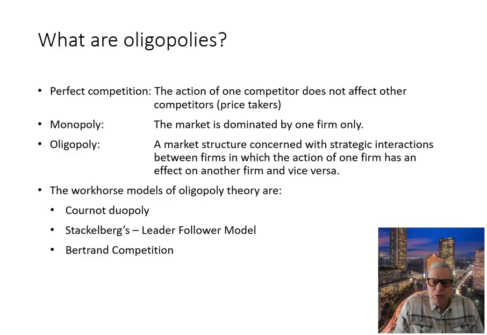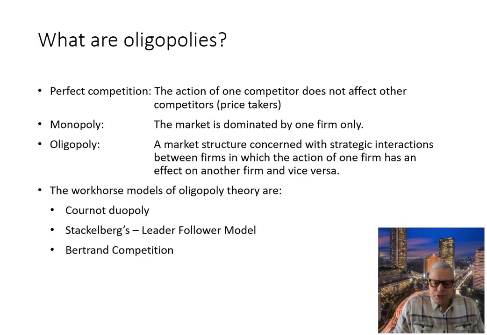Even though when we talked about monopolistic competition we already had some elements of strategic decisions, what we did not illustrate in monopolistic competition, in a monopoly, or in perfect competition was the idea that an economic actor would have to respond to what the other one is doing.